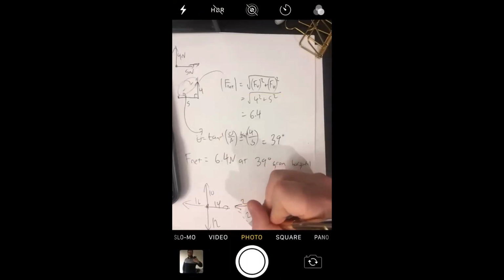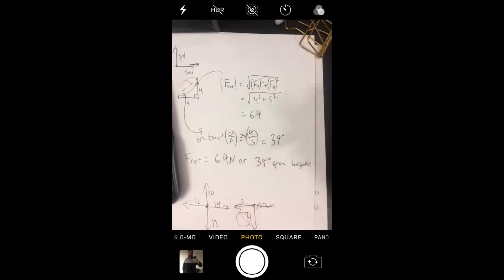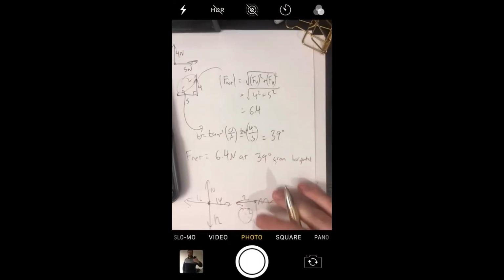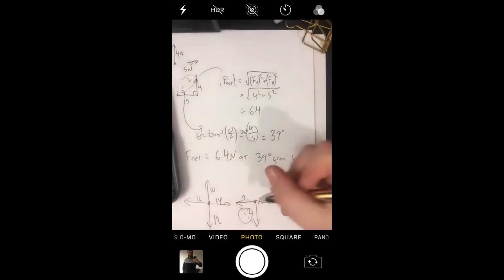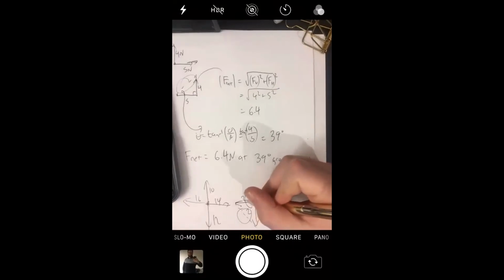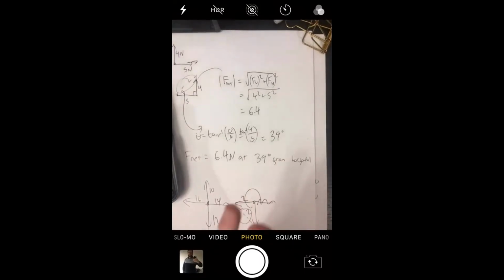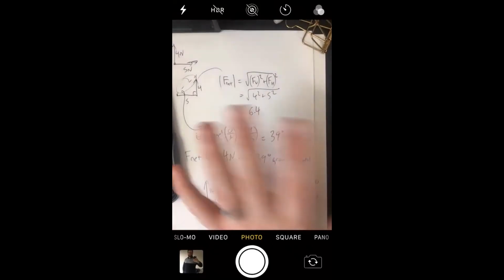So then you can use that to figure out what that vector is going to be, and what the angle all the way around here is going to be. I'm not going to do that, but you guys can figure that out.